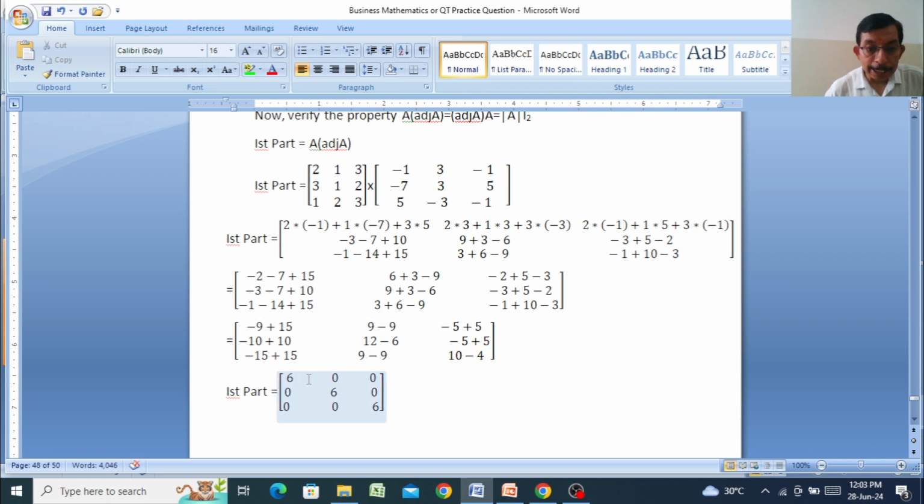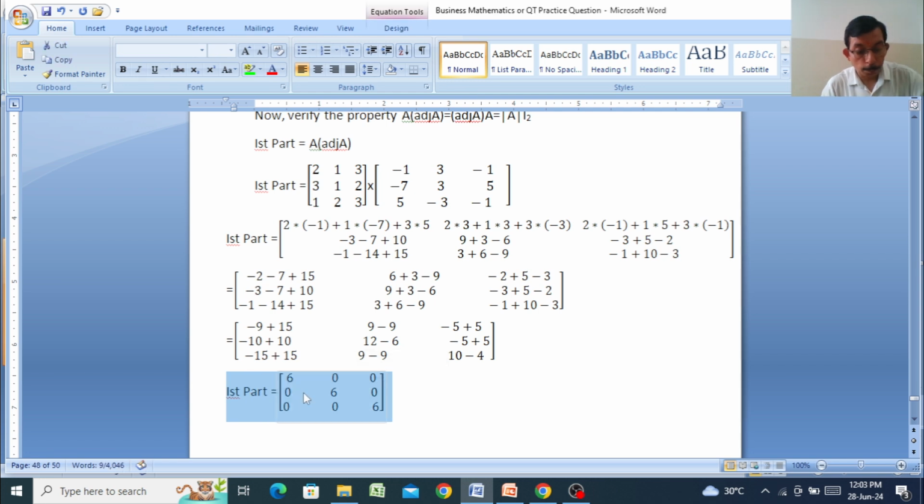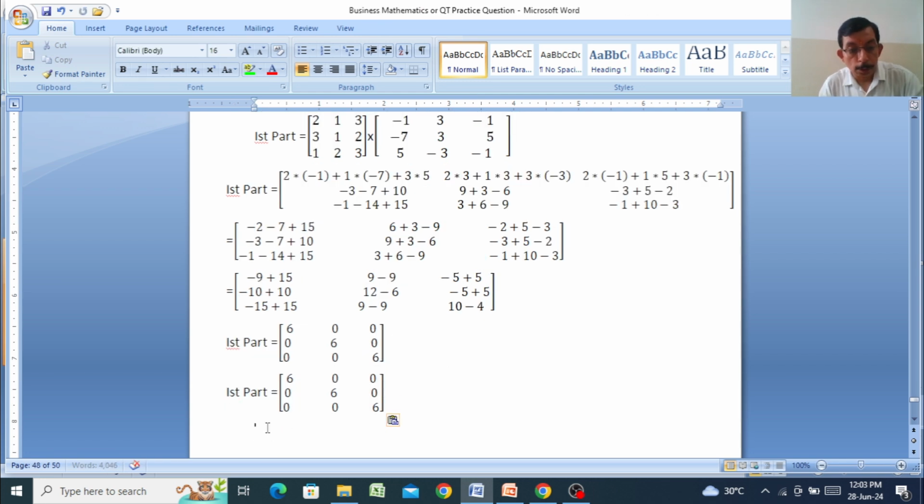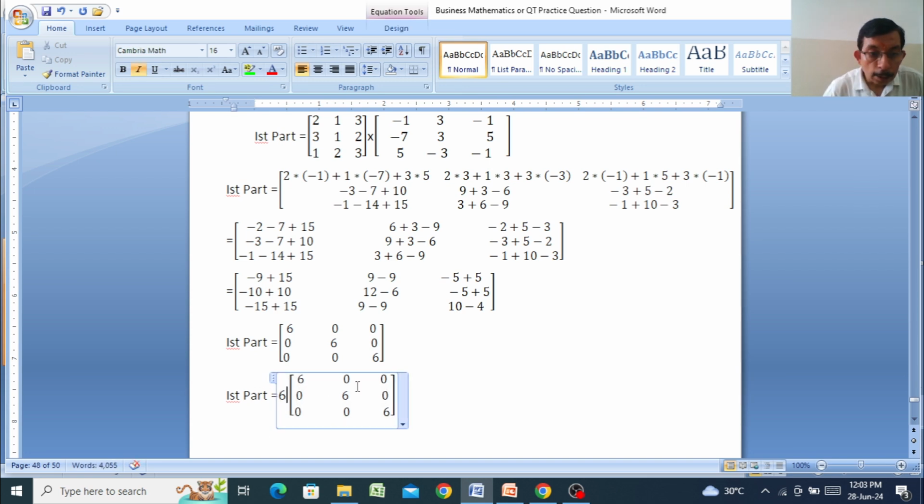Now 6 is common to each element of the matrix, then we take it outside of the matrix. Six is common to each part of the matrix. Then the remaining elements in the matrix are 1, 0, 0, 1, and 1. This is the identity matrix of third order.